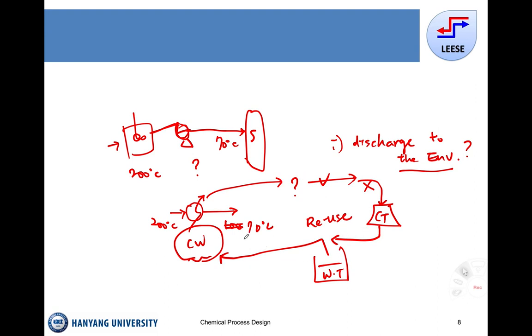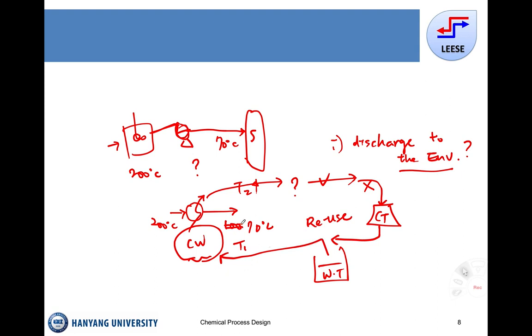So there is a circuit, a loop of the water. The water is used, then the temperature here, temperature here. So the temperature is increased because the cooling water is taking heat from the process. So the hot return cooling water is cooled down through the cooling tower operation, then they reuse it, okay?